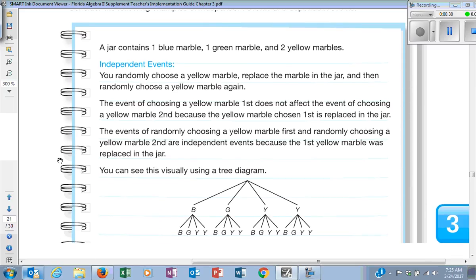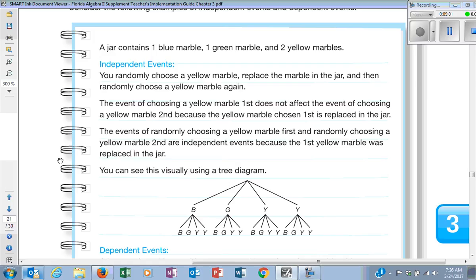All right, independent events. A jar contains a blue, a green, and two yellow marbles. We talked that we were going to do this situation. Do you guys remember me saying this? You randomly choose a yellow marble, replace the marble in the jar, and then randomly choose a yellow marble again.